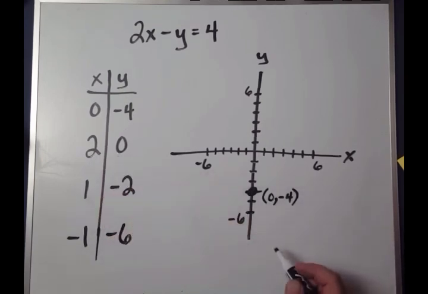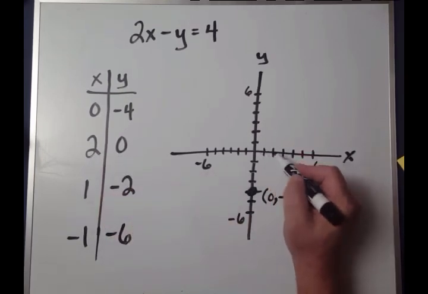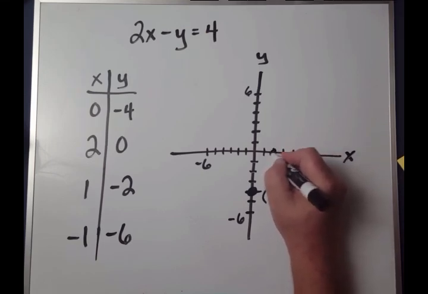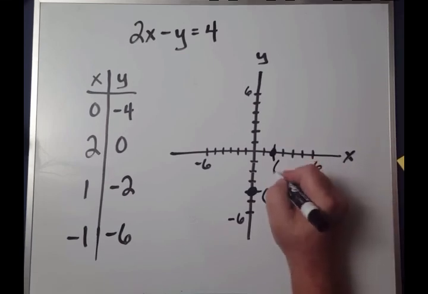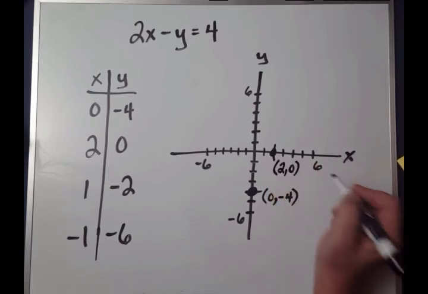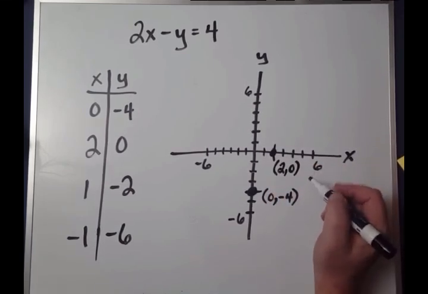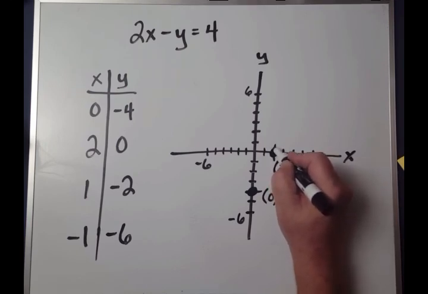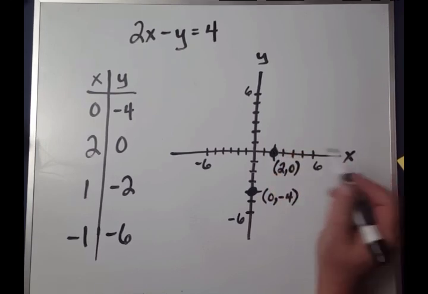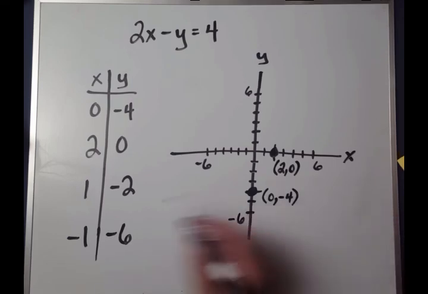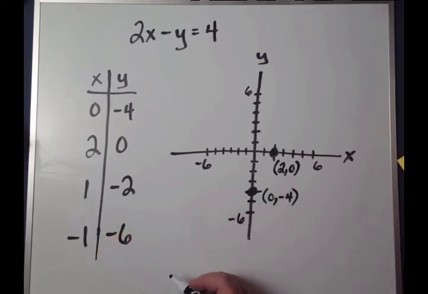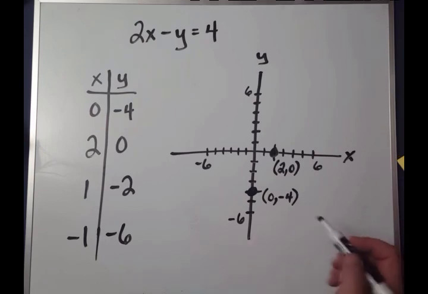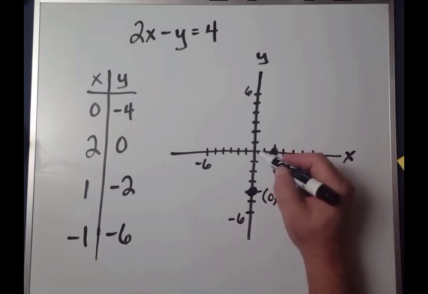The point (2, 0). Over to 2 in the x direction and no motion up or down. Right here on the x-axis. There's my point (2, 0). It also does not belong to any particular quadrant. It's on the x-axis. The point (1, -2). Now that's down here in the fourth quadrant.